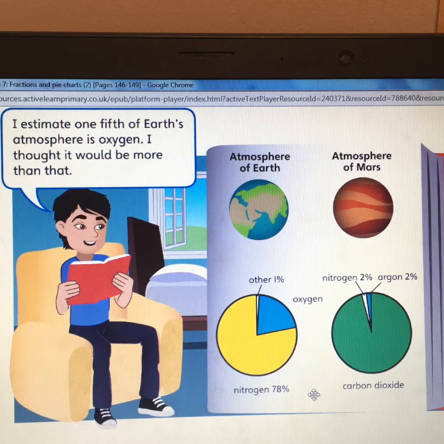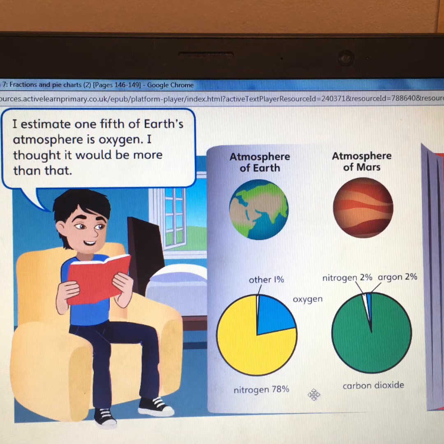Okay then, it's discover time. So today we have got Aki, and he is sat in his lounge or his bedroom maybe, and he's reading a book. This book is telling him all about the atmosphere of the Earth and the atmosphere of Mars. You can see the two pie charts that represent that. So first question is this, 1A.